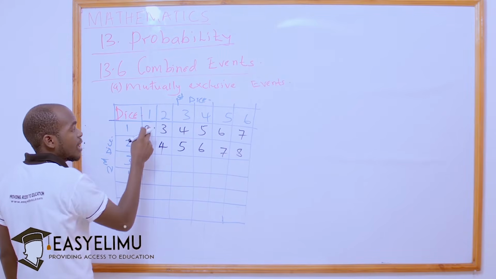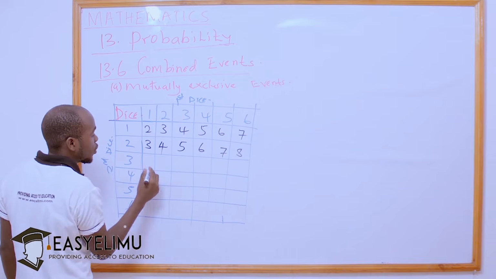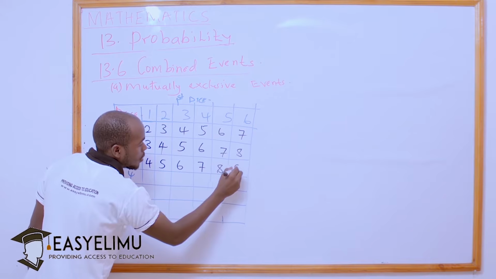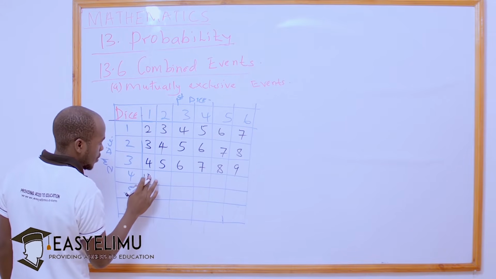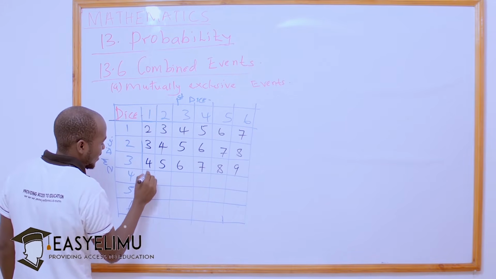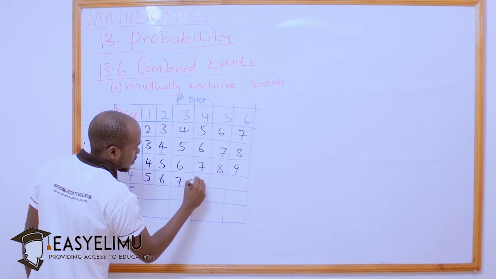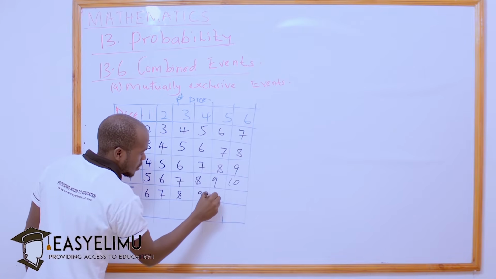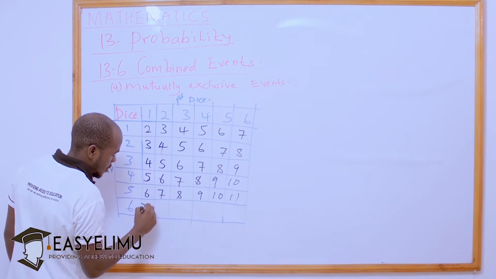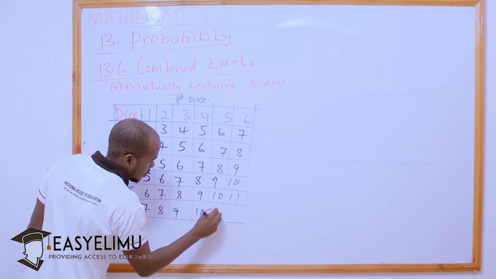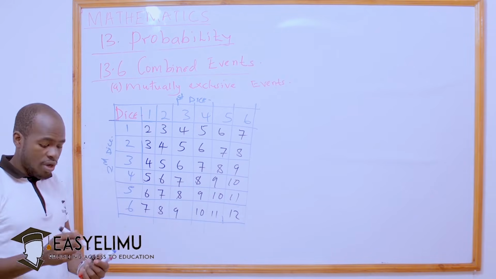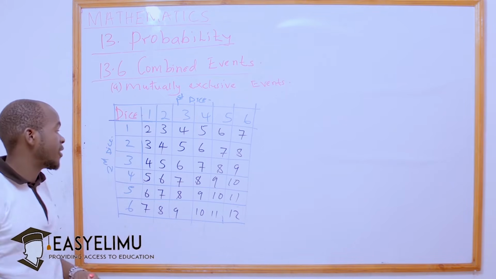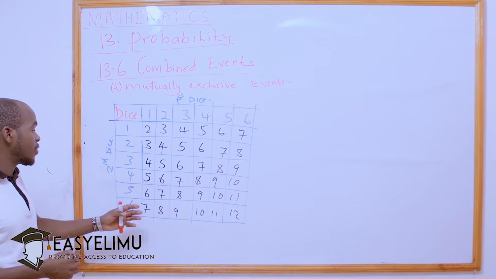If this one is 3 and this one shows 1, let's go together and fill. So we are going to have those faces being summed up to those given numbers.